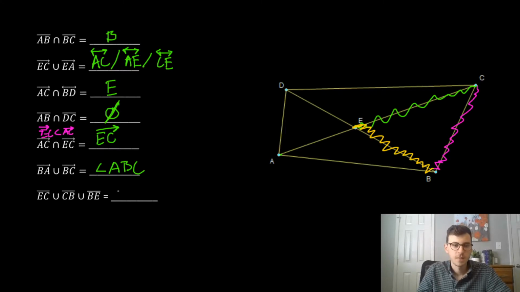So the union of those is triangle ECB or BEC or CBE. And that triangle is the union of all three of those segments. Hopefully this was helpful, and just some more ways to think about the intersection, the union, and even a little bit of subset of sets.